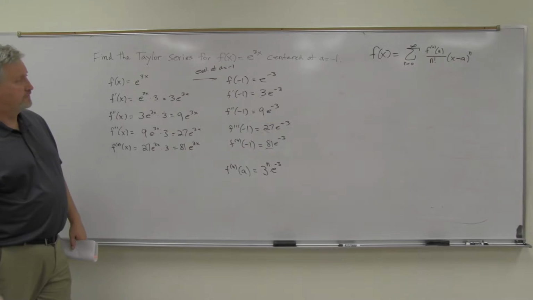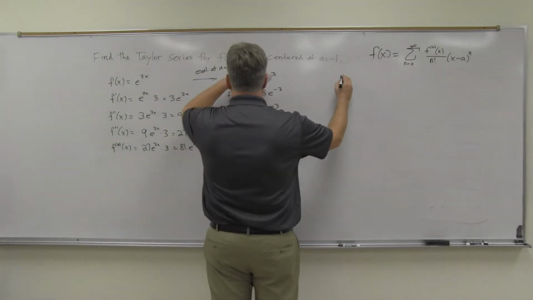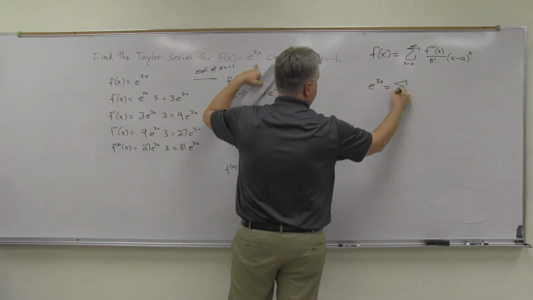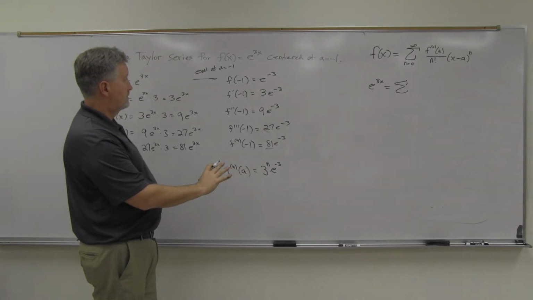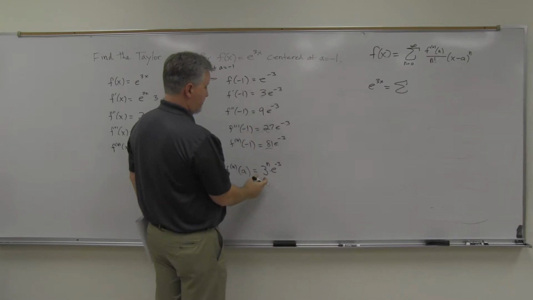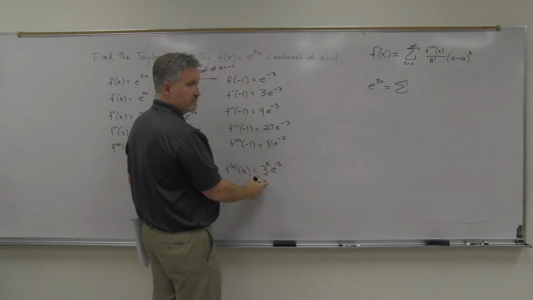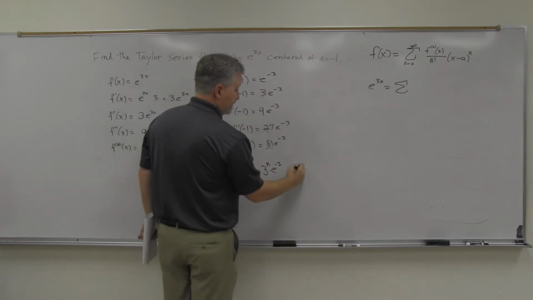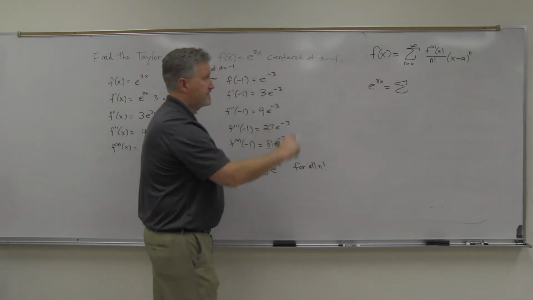That would be our nth derivative at a, where f of x is e to the 3x. Does it work for all n? Is that going to give me the right thing for n equals 0? Is that going to give me e to the -3? Yes, 3 to the 0 is 1. So it works for all n, and I don't have to make any exceptions here.